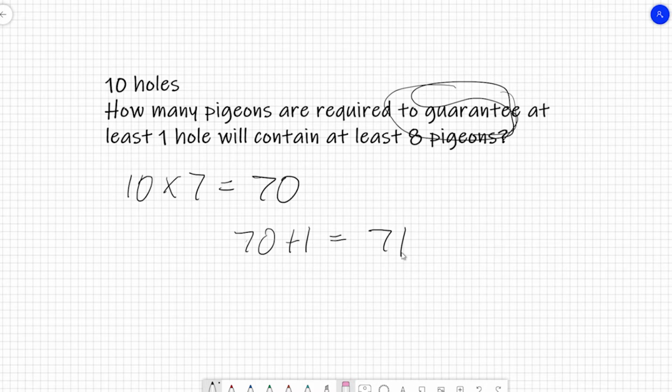You can have all 71 in one hole, or let's say 36 in one hole and 35 in another. It doesn't really matter, but what we are dealing with in the pigeonhole principle is we're always looking for the guarantee, the worst case scenario.